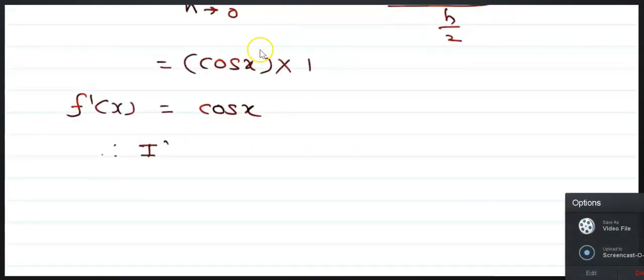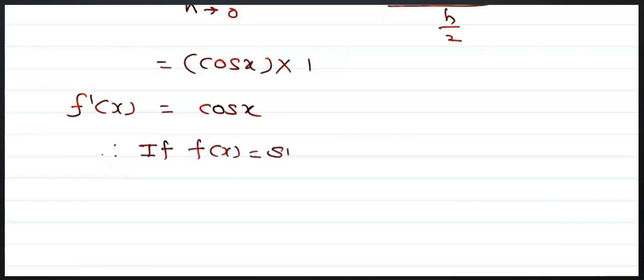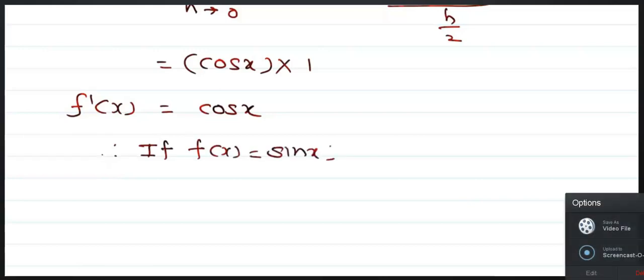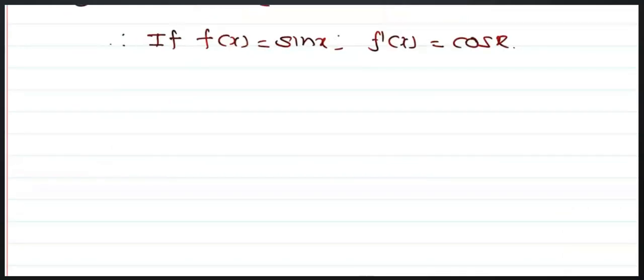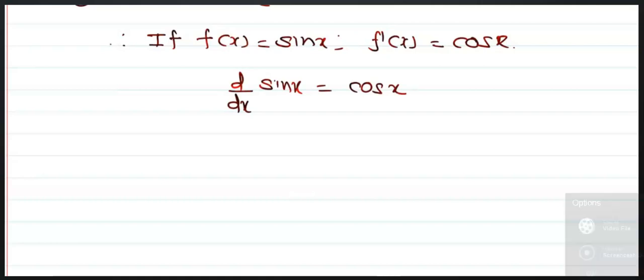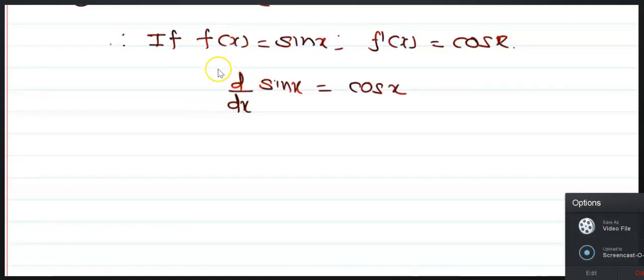And therefore f dash of x is equal to cos x, and hence the derivative of sine of x is cos x. See this? If f of x is equal to sine x, then f dash of x is equal to cos x. Therefore d/dx of sine of x is equal to cos x. Now this d/dx is called the operator.